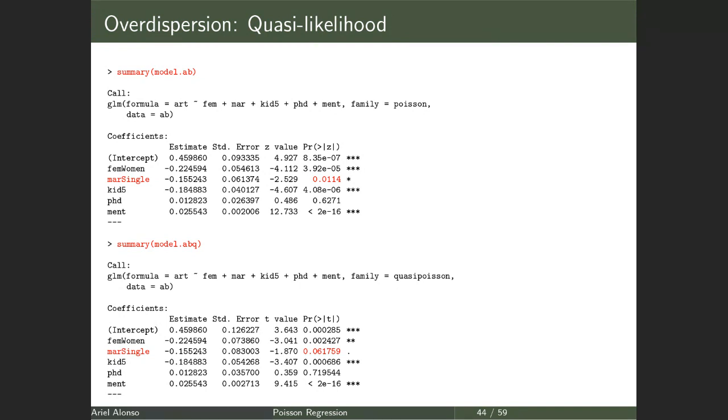Now you just need to use the sandwich estimator, and you can make the Wald test to, for instance, evaluate if a certain variable has an impact on the response or not. And the model doesn't need to be correctly specified. The only thing you need to get right is the mean.